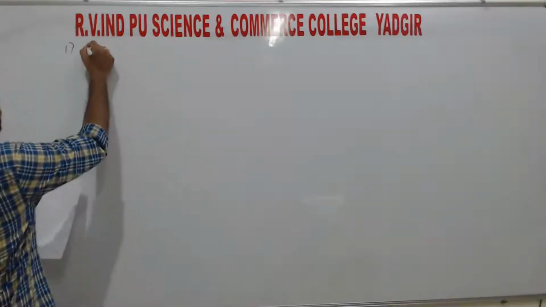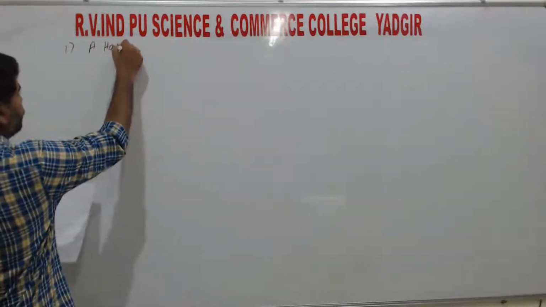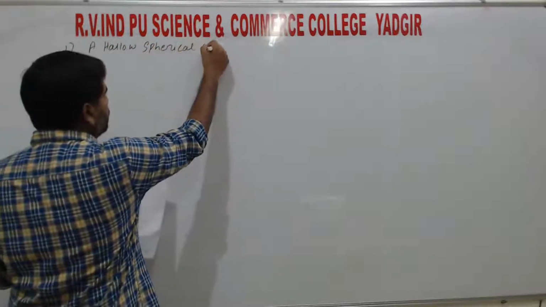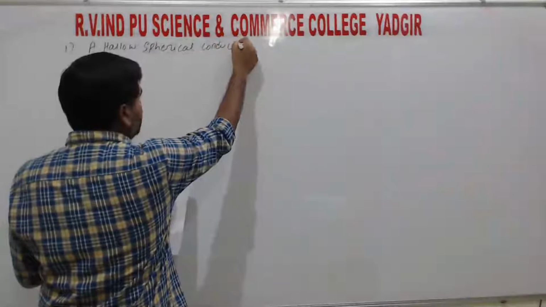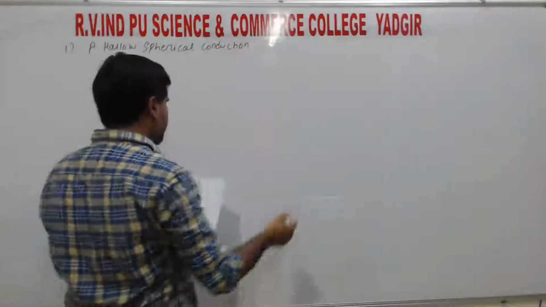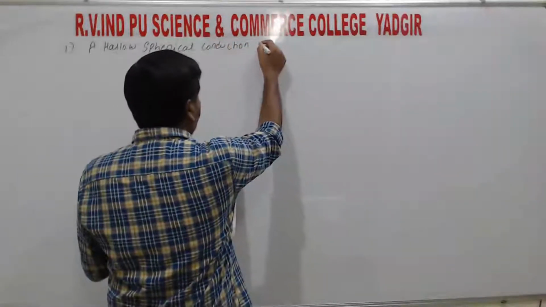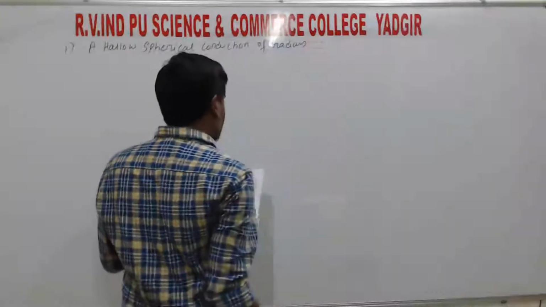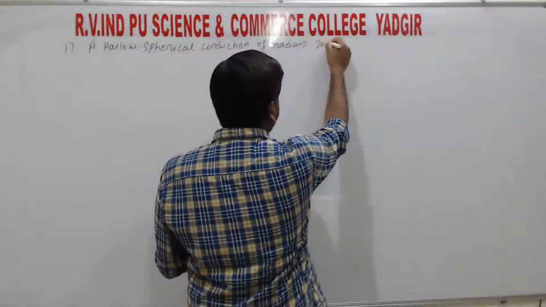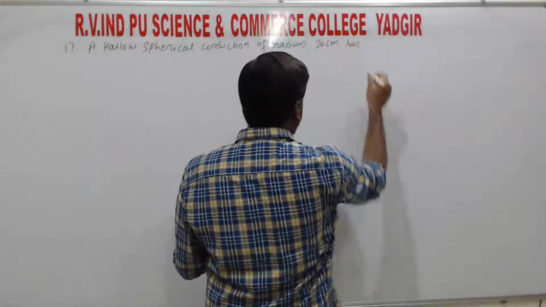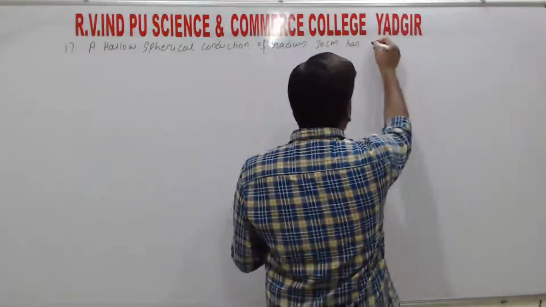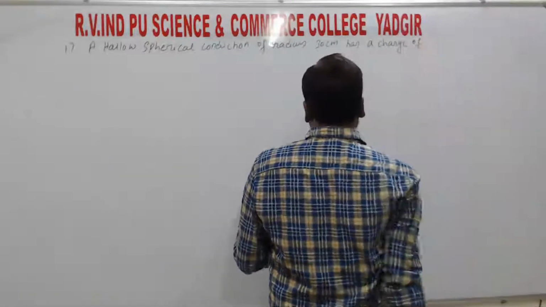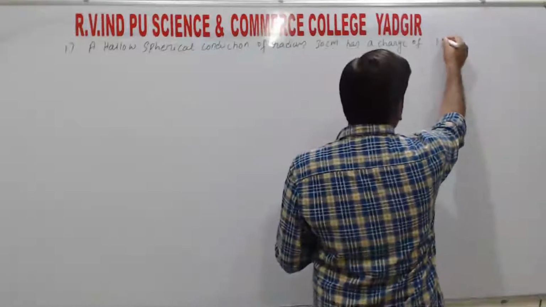A hollow spherical conductor of radius 30 centimeter has a charge of 15 nanocoulomb.